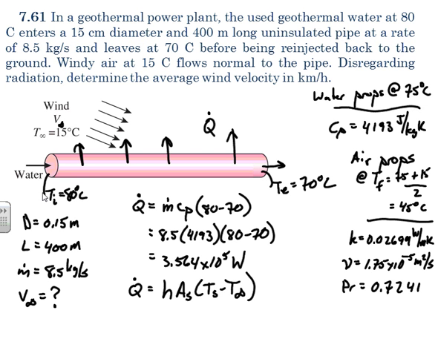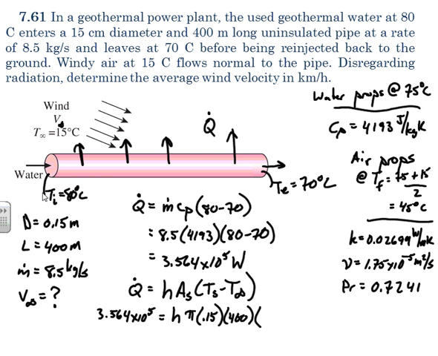Let me go into Newton's law of cooling. Q dot was 3.564 times 10 to the 5 watts. That has to equal H. I still don't know what that is yet. That's what I'm going to be able to solve for, because I know the surface area and I know the temperature difference. My surface area of a tube is just pi times the diameter, 0.15, times the length, 400 meters, times the temperature difference.